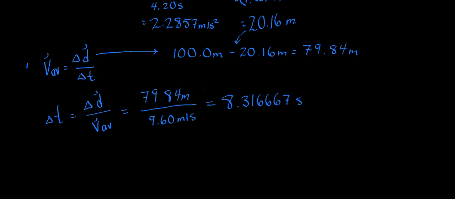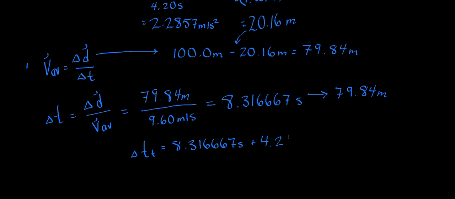Okay, now it asks for the total time of her 100-meter dash. So this time here is only for that final 79.84 meters. Remember, we also had time for when she was accelerating. So her total time is this 8.3166667 seconds that we just solved for, plus that initial 4.20 seconds that she took while she was accelerating.